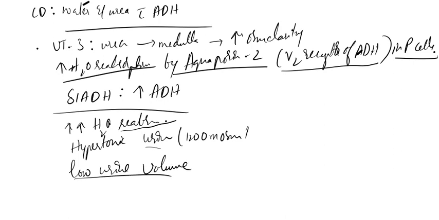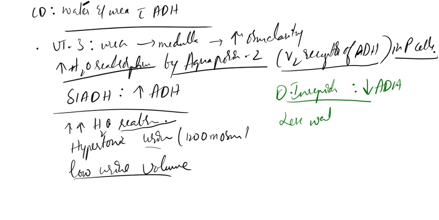The same thing happens in reverse in diabetes insipidus. What happens? There will be less ADH, so you will get less water reabsorption, and the urine will be at most hypotonic, very low tonicity, something like 50 to 100 milliosmoles, right?